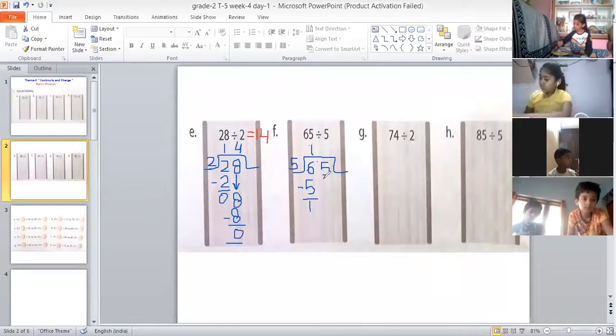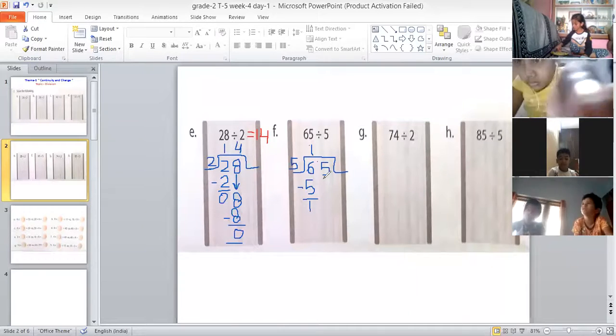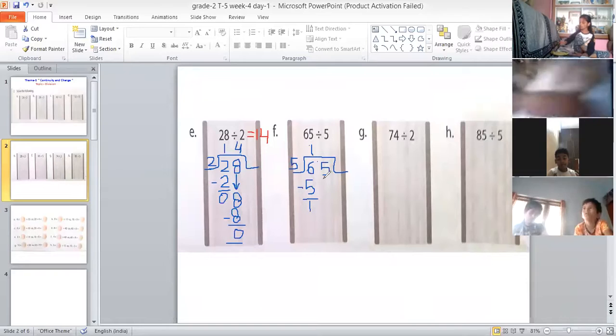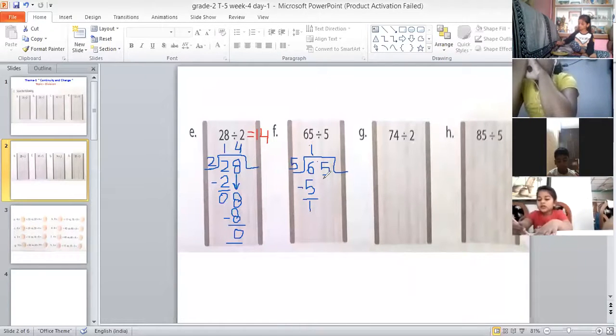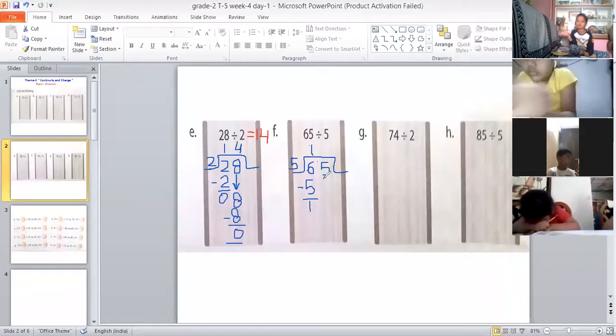Tell me quickly. 5 is there beside 6. So we will make an arrow and we will copy that 5 beside, yes, ma'am, beside what? We will make an arrow like this and we will write this 5 beside which number?